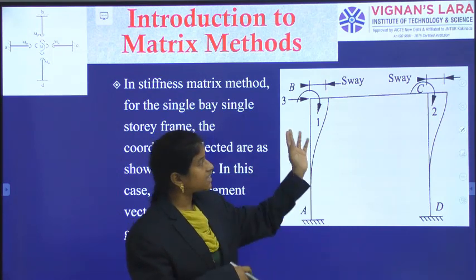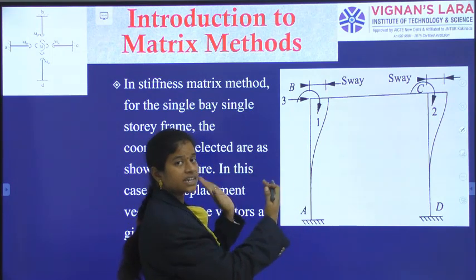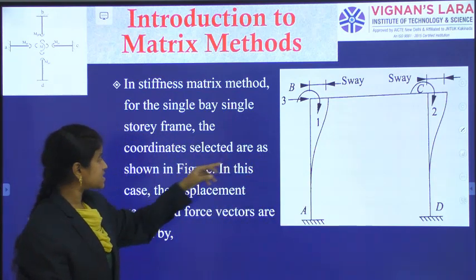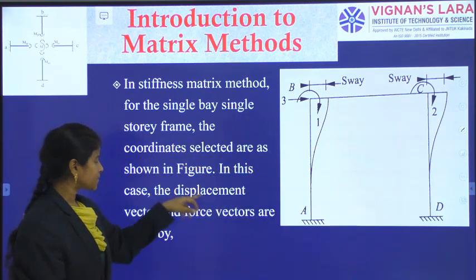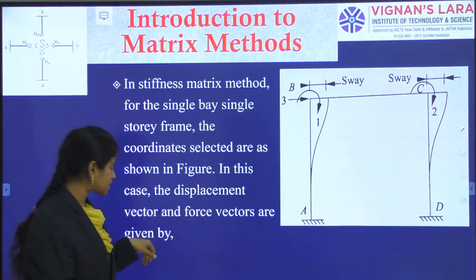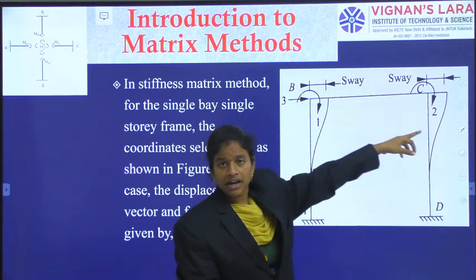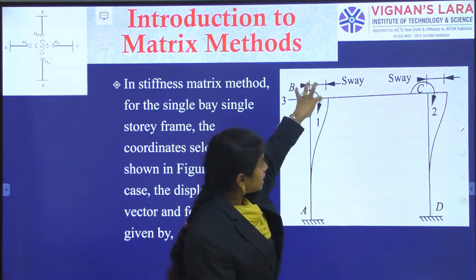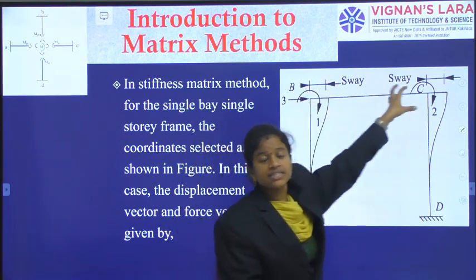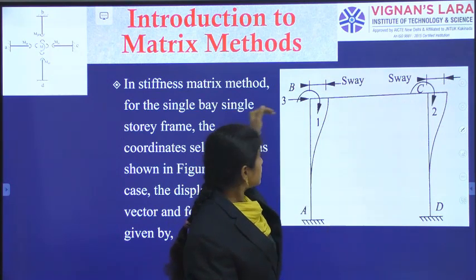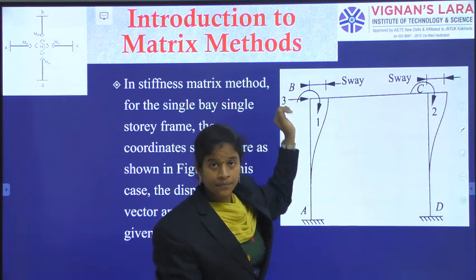So, one sway is there. The structure is moving in the horizontal direction. That is the sway. And the unknowns, the coordinates, are selected as shown in the figure. In this case, the displacement vector and the force vector are given by these. These are my unknowns: one is rotation at B, second is rotation at C, and third is sway.